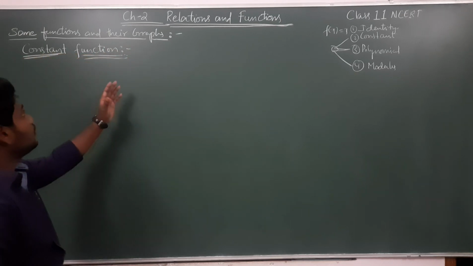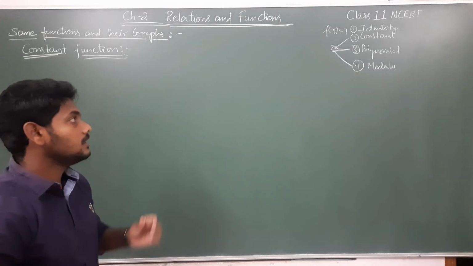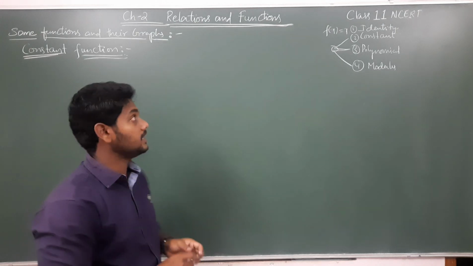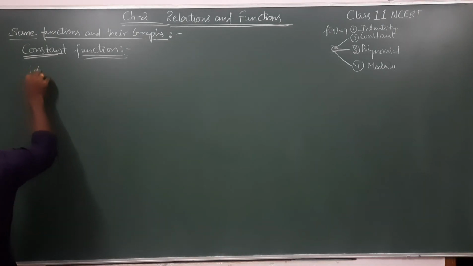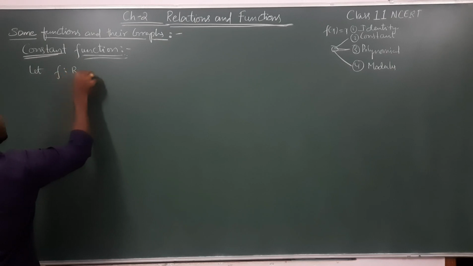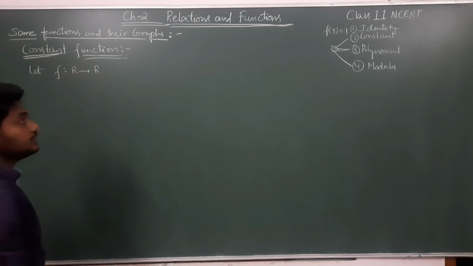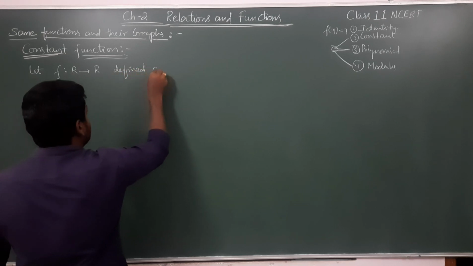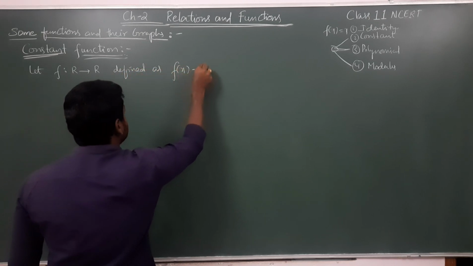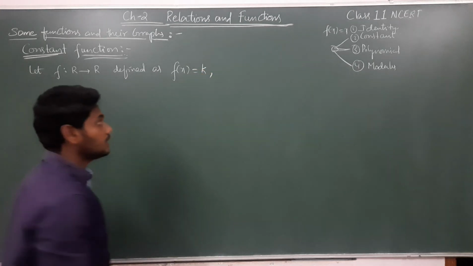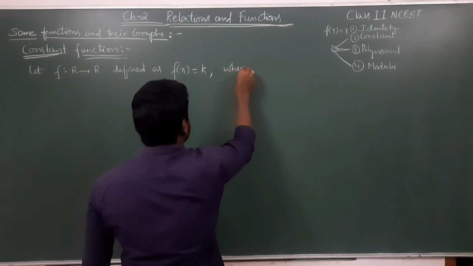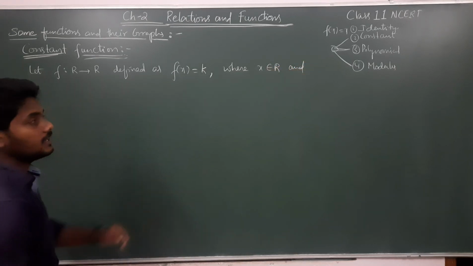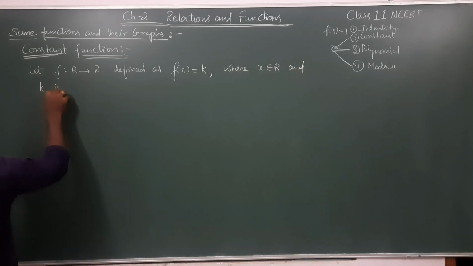Now first of all, what do you mean by a constant function? It should have a domain and a codomain. So consider a function f from R to R defined as f of x equal to k, where x belongs to R, and k is a constant.